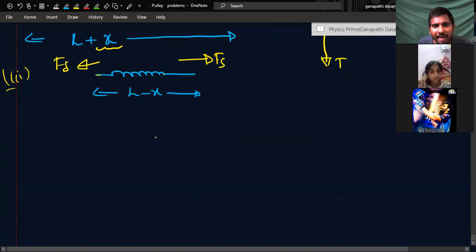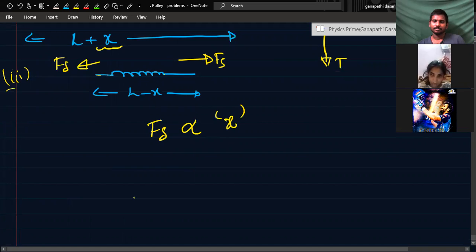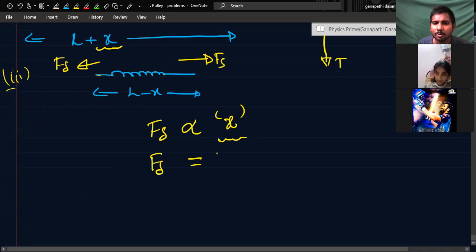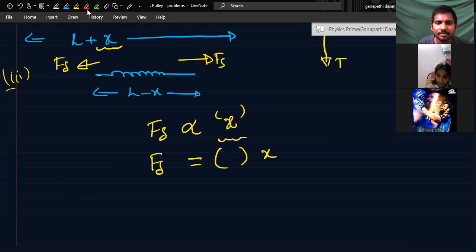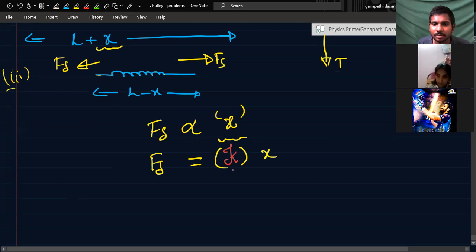Now, you don't need to find out the derivation of it. Experimentally, it is found that spring force is proportional to x, the displacement that you do from its original position. So spring force is equal to some constant into x, that we call k.